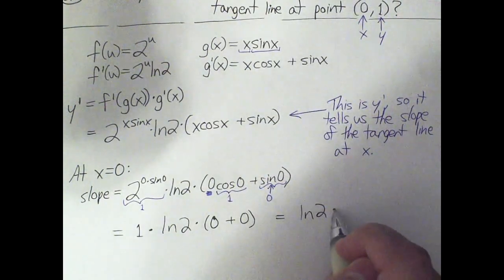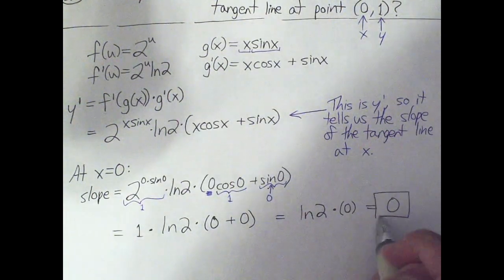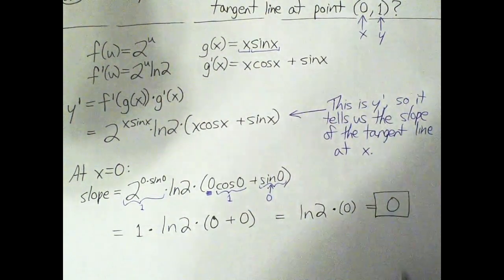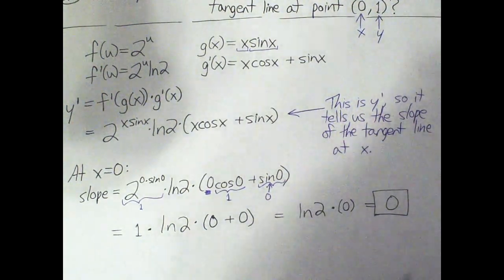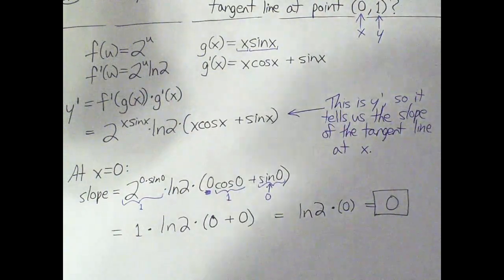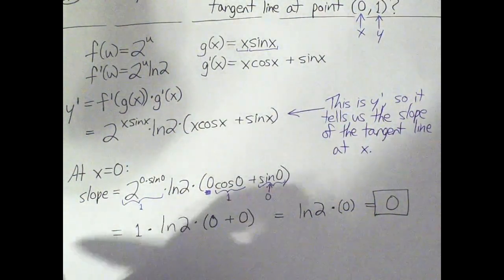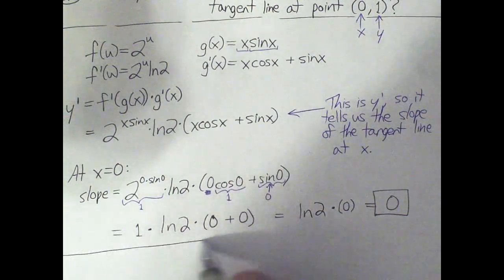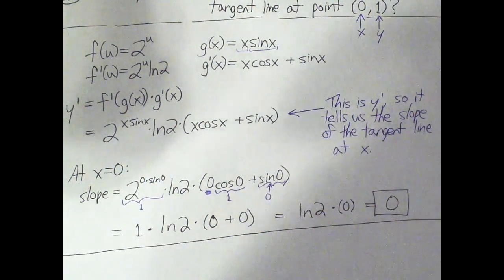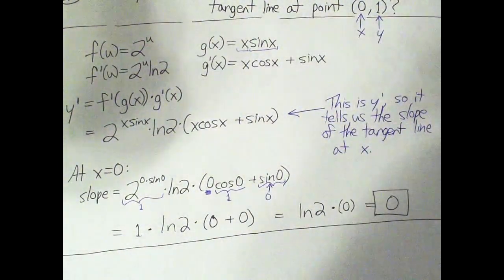It's ln 2 times 0. The answer is 0. There's just so many zeros that everything cancels away. For a second there, it looked like maybe it was going to be ln 2, but ln 2 times 0 is 0. So that's the answer. The slope of the tangent line to the curve at that particular point is 0. So you find the derivative, and then you plug in whatever x value it told you.